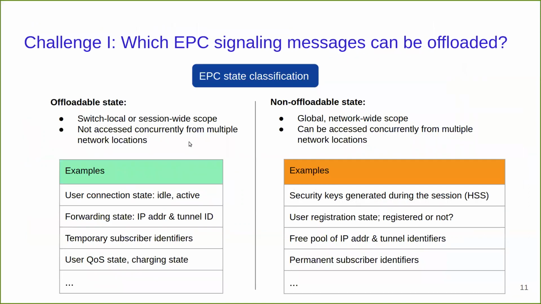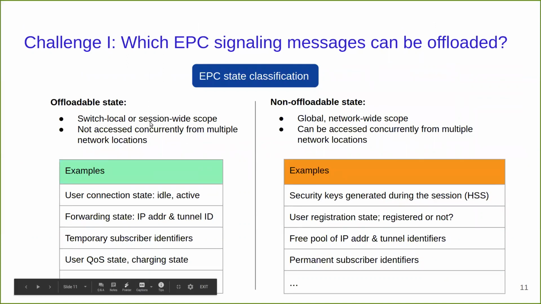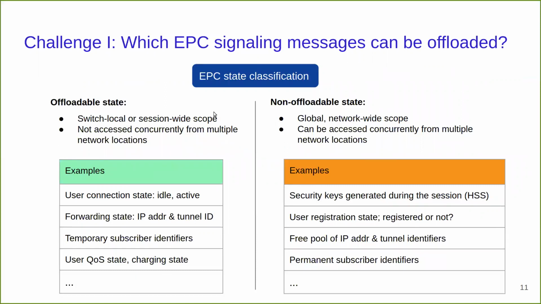Our first challenge is to decide which of the EPC signaling messages can be offloaded. In order to answer this question, we first classify the EPC state as offloadable and non-offloadable. EPC state is offloadable if it is either local to the switch or it has session-wide scope.